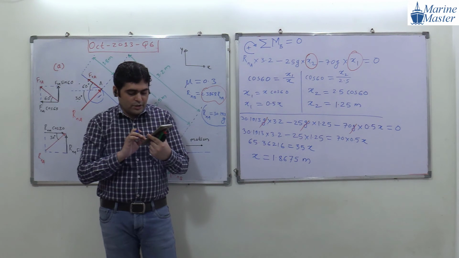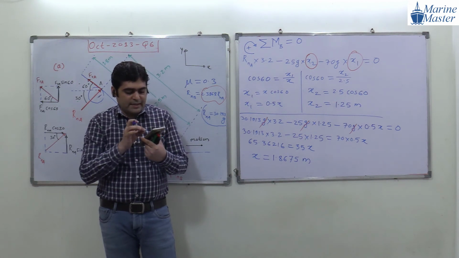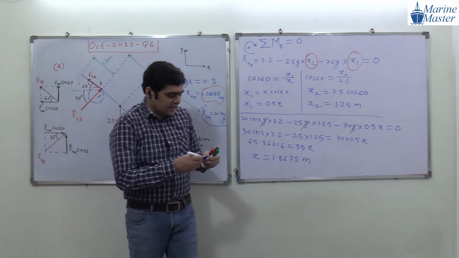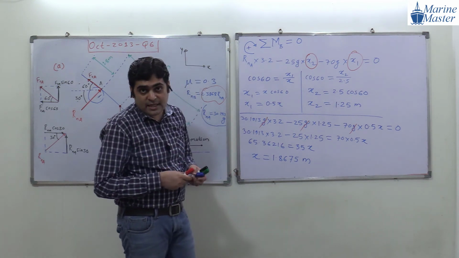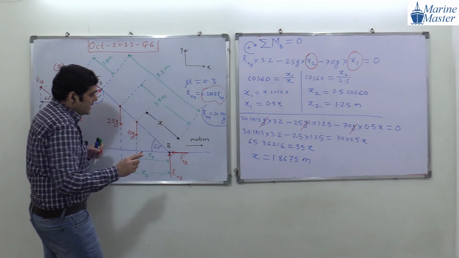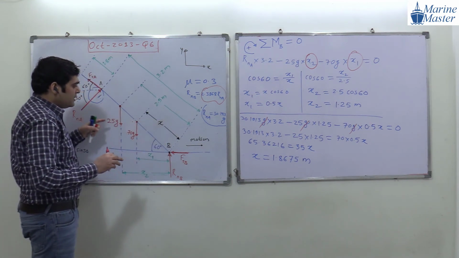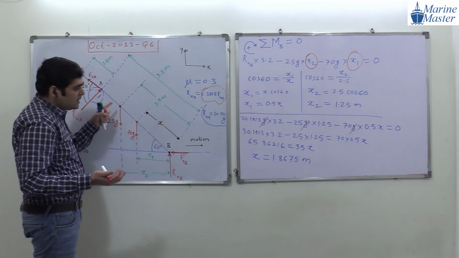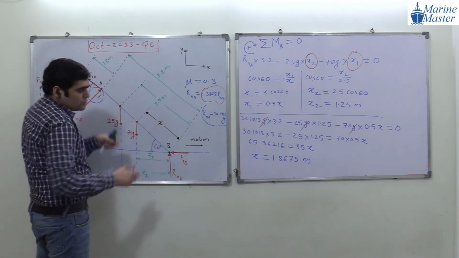So what are they asking us in the B part? In the B part, they are asking us this distance x. And see, whatever position of the 70 kg mass we have mentioned, it is correct. It is below the 2.5.